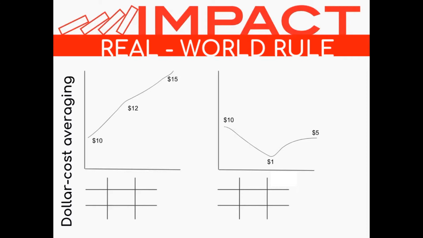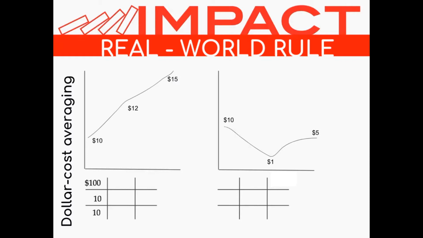Looking at the graph on the left, if we were to consistently put $100 a month into this account, and each of these numbers as the graph increases represents a month. First month we put in $100. Each share, if this is a mutual fund or a stock or an investment that's measured in shares, the first month it's $10 per share.